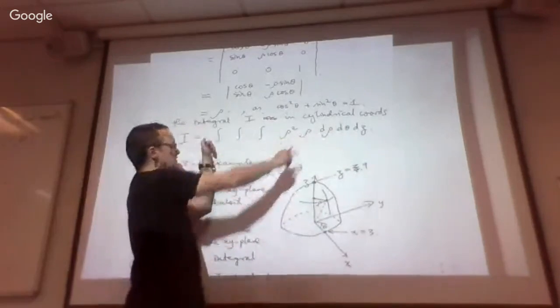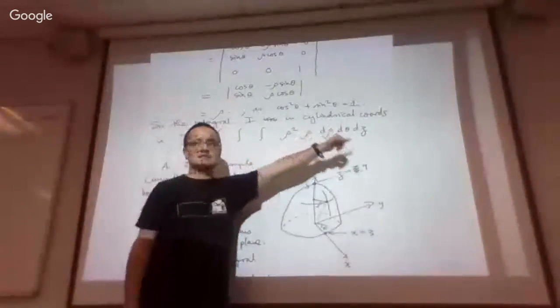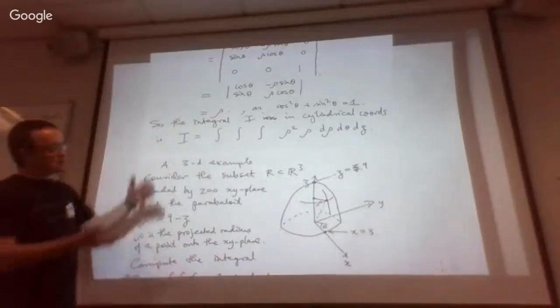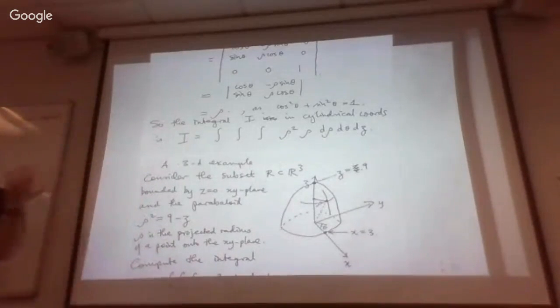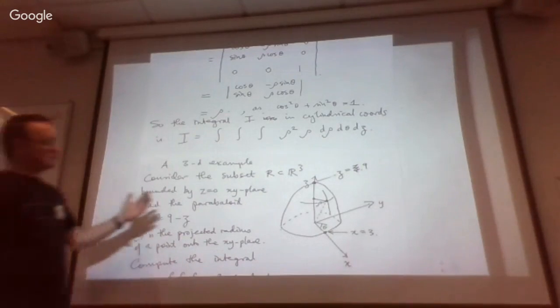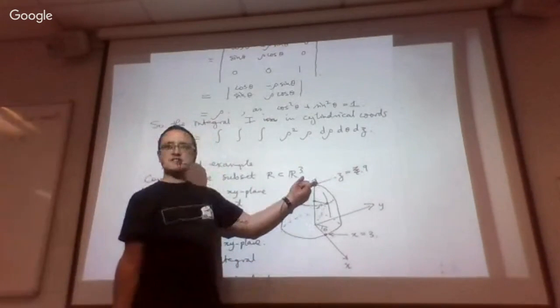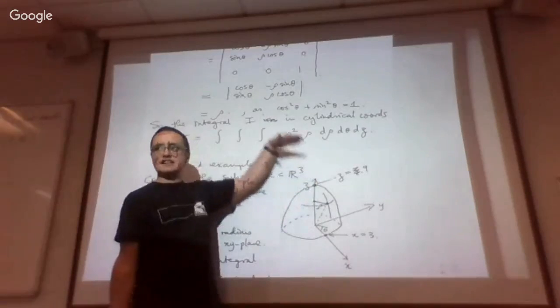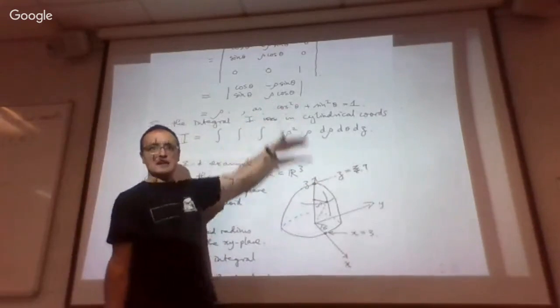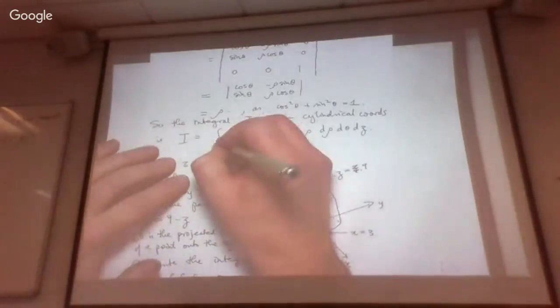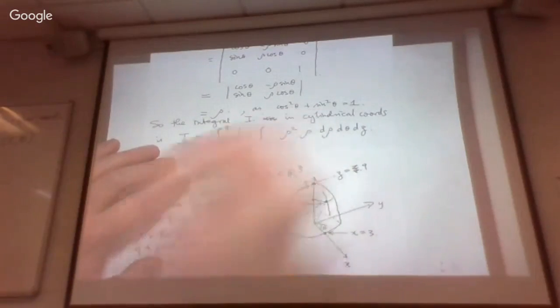And then containing the other two, you've got the z integral. So you first look at z. Between what values of z do you have to integrate in order to capture that region? Well, there's bits of the region all the way down to z equals 0, and bits of it all the way up to z equals 9. You don't need to integrate outside that interval. So z goes from 0 to 9.